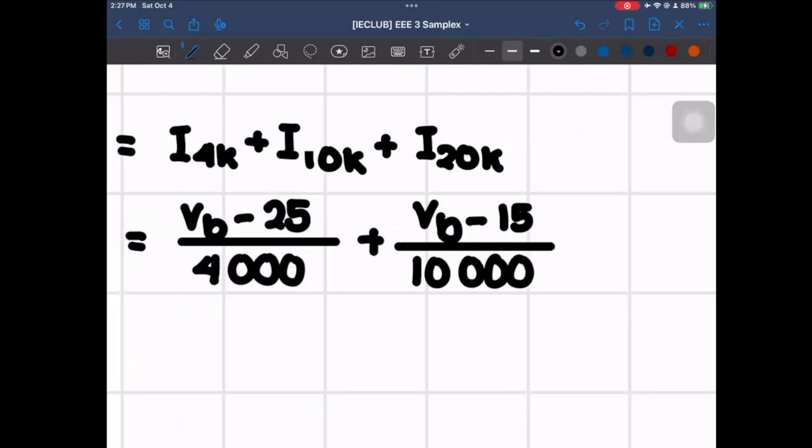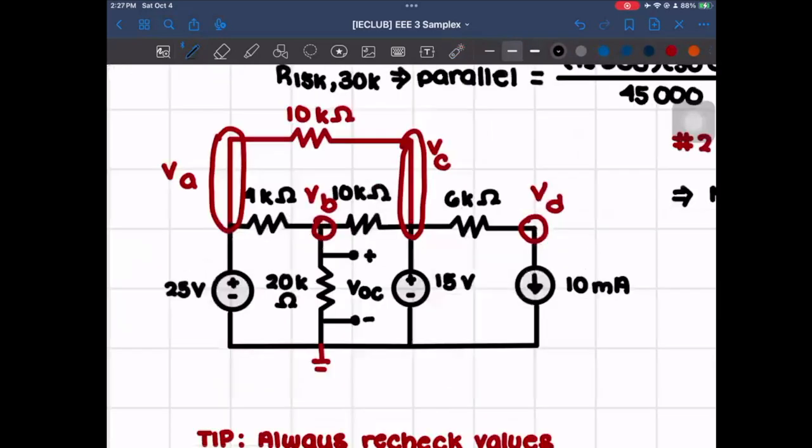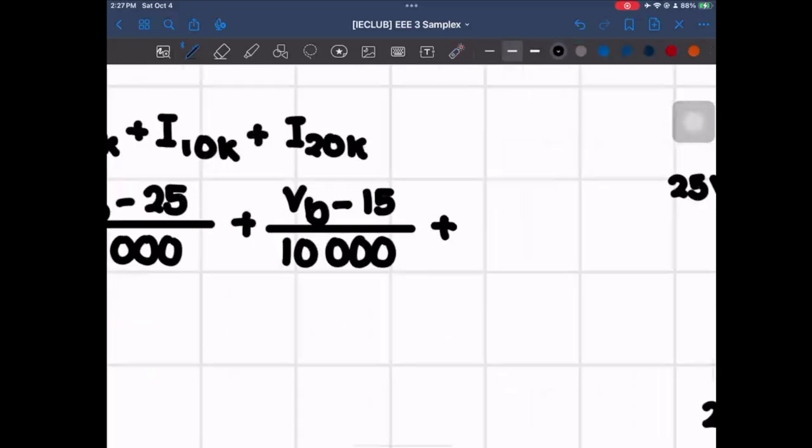And then next is for I20K, which if we look here again, the current will be going downwards or going out. And so that will be VB minus the ground, which is just 0. So VB all over 20K. So it's VB over 20,000.